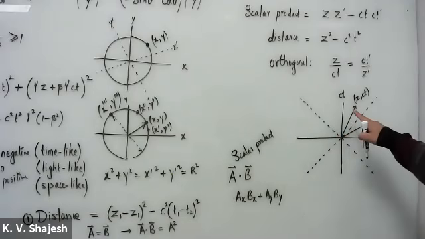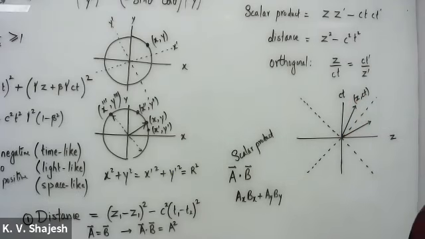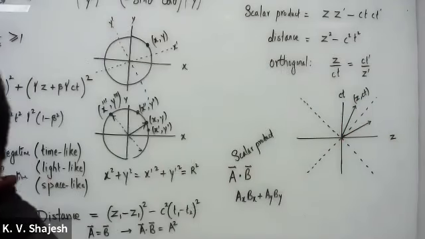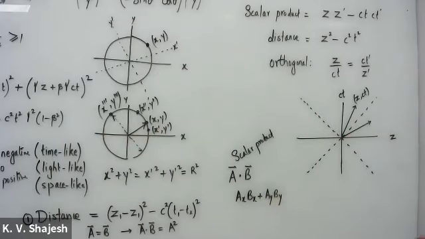There is a theorem that a time-like vector will always have an orthogonal vector which is space-like. This will have some consequence later when we are discussing velocity and acceleration of a particle. So this is orthogonal.